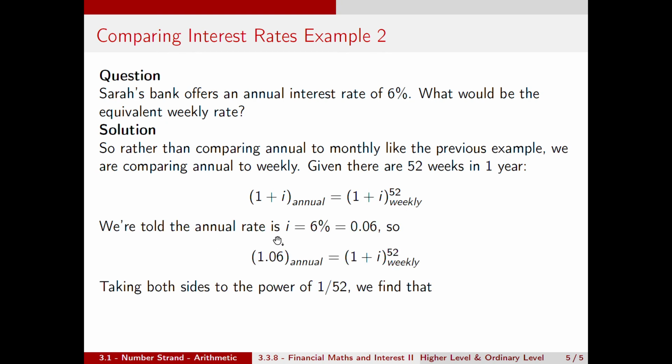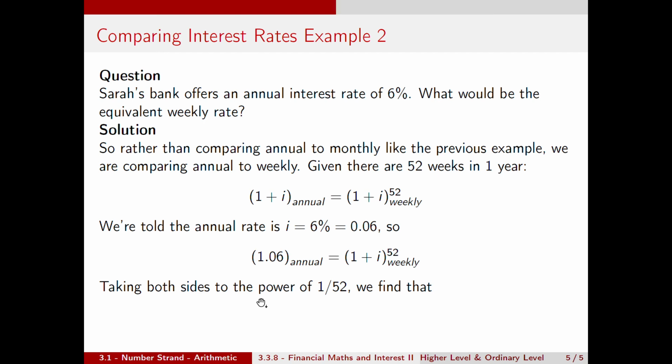We're told that the annual rate i is 6% or 0.06. And we're also asked for the equivalent weekly rate. So on this formula, we need to solve for the i on the right hand side within the power of 52 brackets. So we have that 1.06, which is 1 plus 0.06 on the annual side, is equal to (1 plus i) to the power of 52 for the weekly.